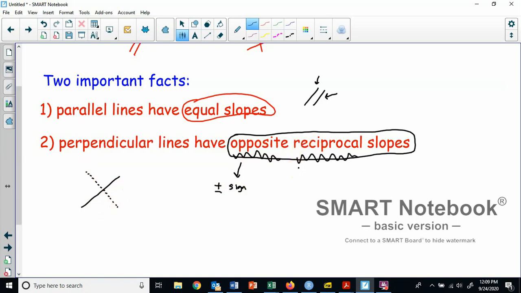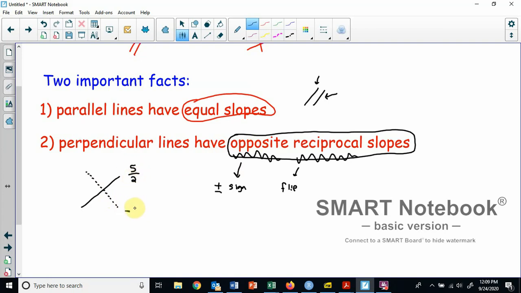And then a reciprocal. Remember, reciprocal meant that we're going to reciprocate or flip the fraction. So say this one is 5 over 2. Well, then this one's going to be two things, the opposite of it. So this was positive, so this one will have to be negative. And reciprocate it, flip it.